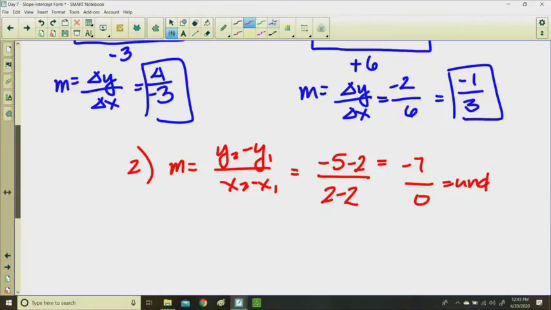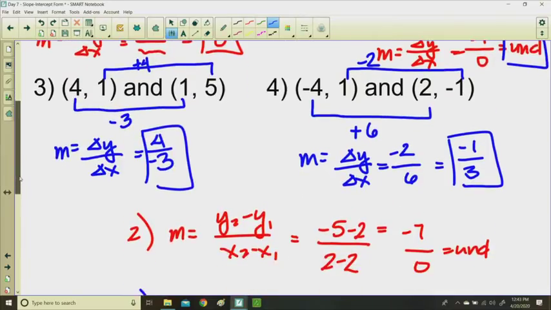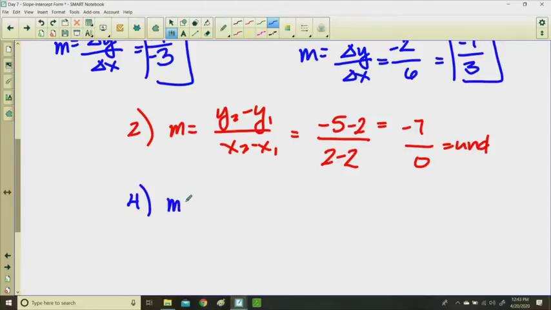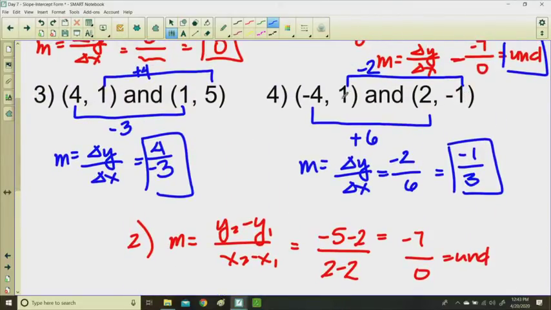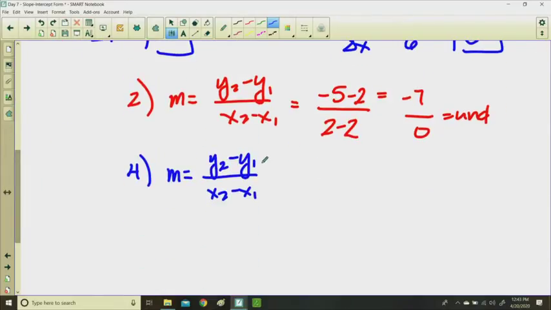All right, and then we're going to do number 4 for this one. If I use the formula given here, we have y2 minus y1 over x2 minus x1. Remember, the minus I say is opposite. It's not necessarily minus. So over here, we're going to start with -1. That's y2, which is -1, minus y1, which is -1 also.